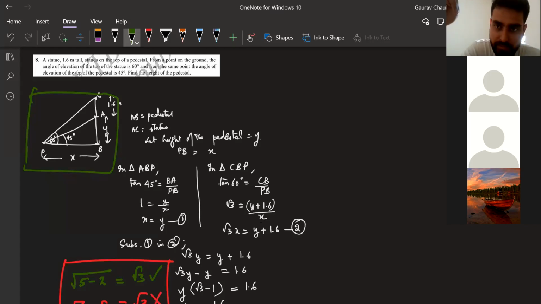I want to read the question again. Look at the diagram and think if you can draw the diagram by yourself. Give me a confirmation of that. Is the diagram clear or not? If there is any confusion in the diagram, ask me in 30 seconds. Any confusion in the diagram?